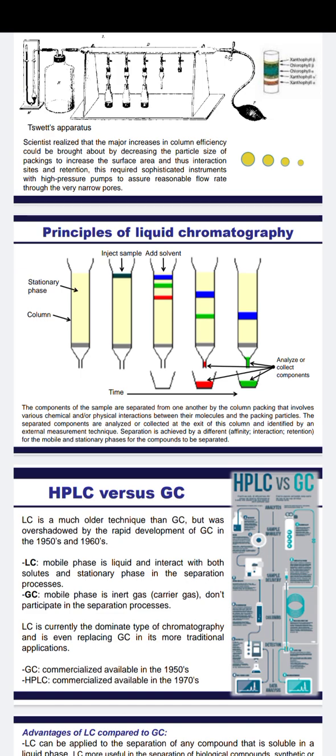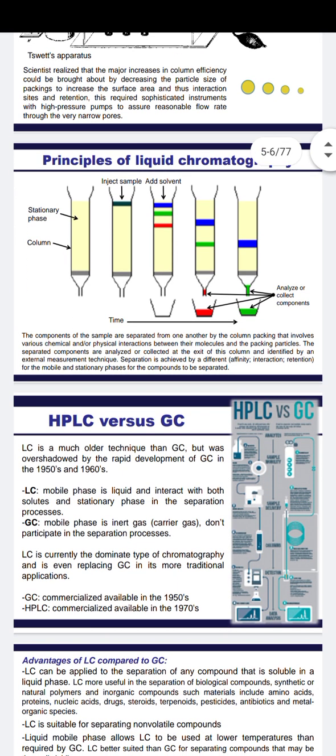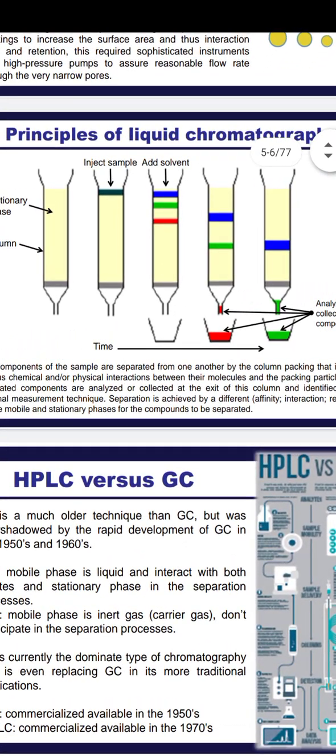This is the principle of liquid chromatography. Here, first of all the column is there, and in that column the stationary phase is there. In the second step we inject a sample, and in the third the solvents are added here.